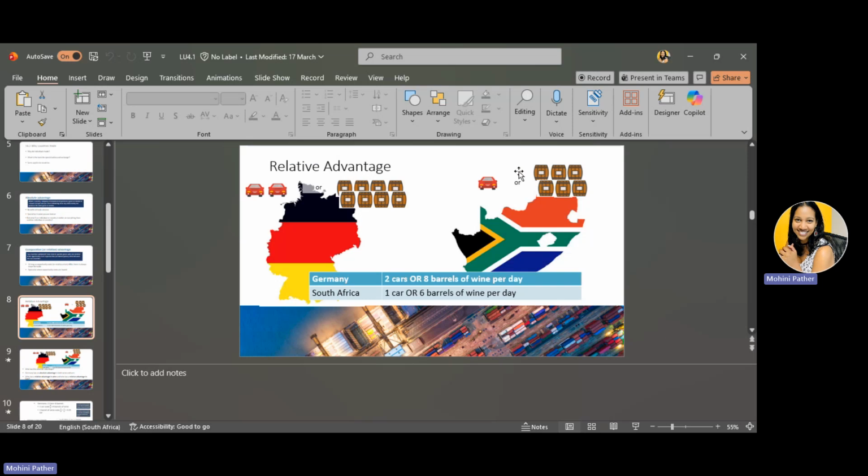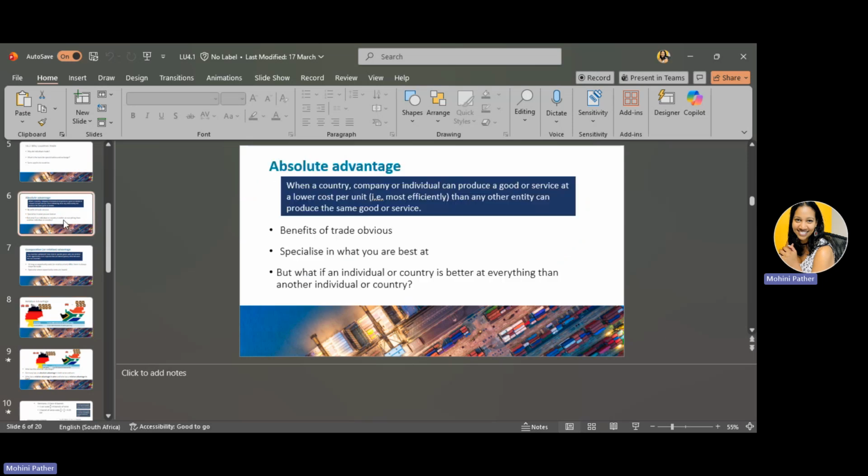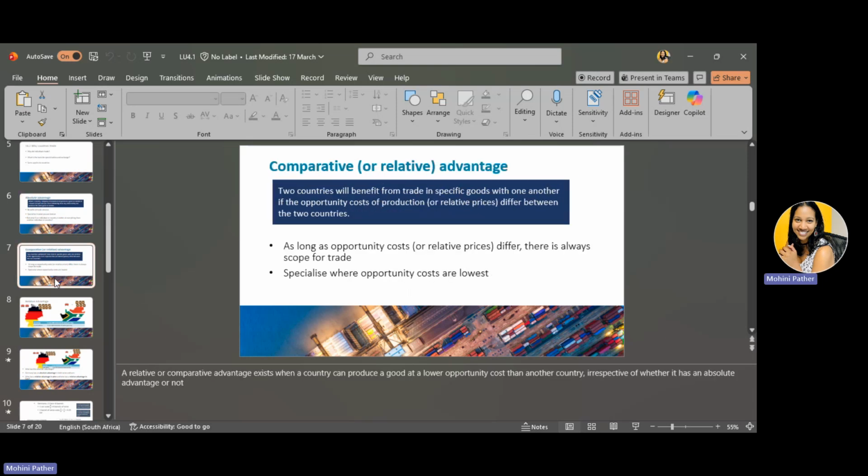In South Africa, using the same equipment or productive capacity, we can produce 1 car or 6 barrels of wine. As you can see, it's Germany that has the absolute advantage in both cars and wine. What does that mean? They can produce at a lower cost per unit than anyone else. And in this example, there are only 2 countries.